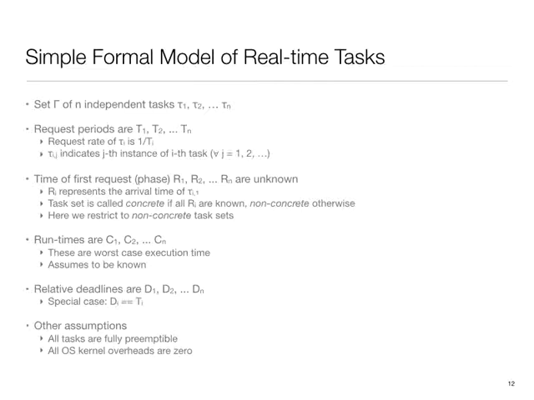So motivated by this, a very common model is that I have a bunch of independent tasks. These could correspond to, for example, different sensors and actuators. And each one of these tasks has a period associated with it, which indicates the arrival rate. For example, I may have an audio task which kicks in every time a batch of audio samples arrives, and that's designed to be some sort of periodic thing.